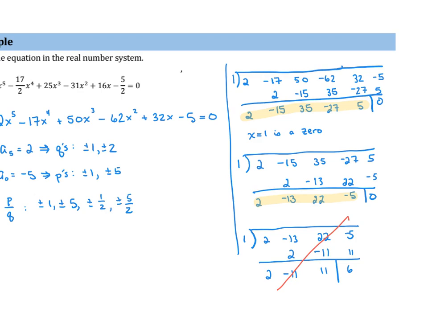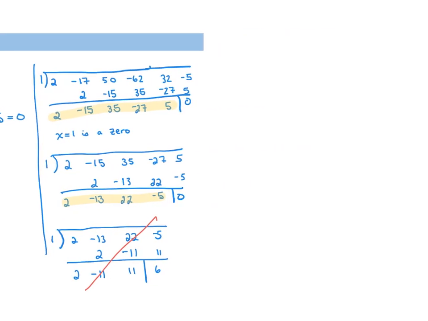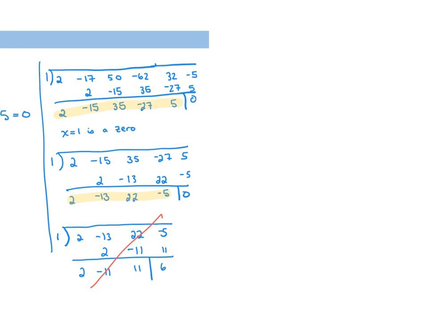Let's look at x equals negative 1. I'm going back to the last depressed polynomial, the 2, negative 13, 22, negative 5.